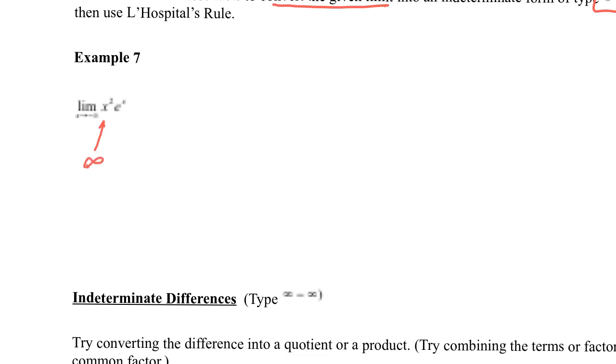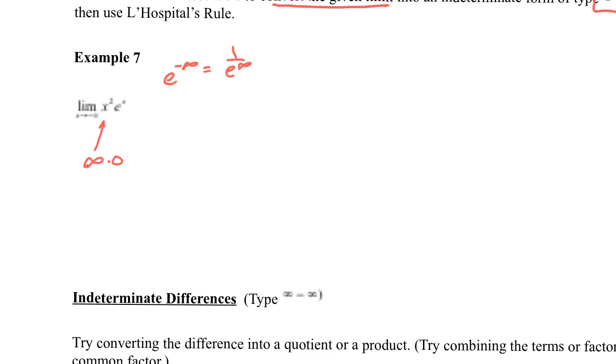Then e to the negative infinity, that's going to be 0, right? Think of it like this. If you have e to the negative infinity, isn't that like 1 over e to the positive infinity? So this denominator is going to be getting huge. So 1 over a huge number means this is going towards 0. So this is infinity times 0, which will not work for us.